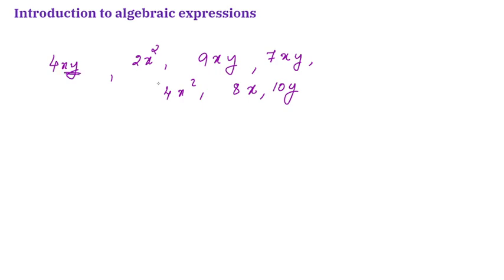So you have to check whether any other algebraic expression has the same variable part. Look here, in 9xy we are having the same variable part and here also we are having the same variable part. So these three, 4xy, 9xy and 7xy, make like expressions. So what is it?